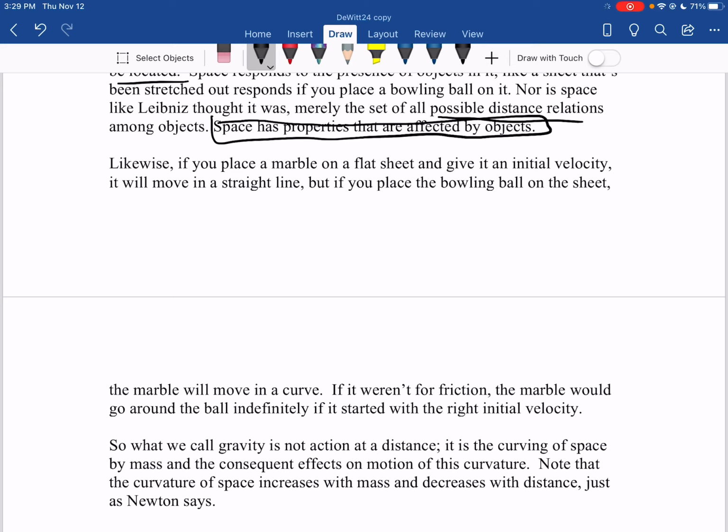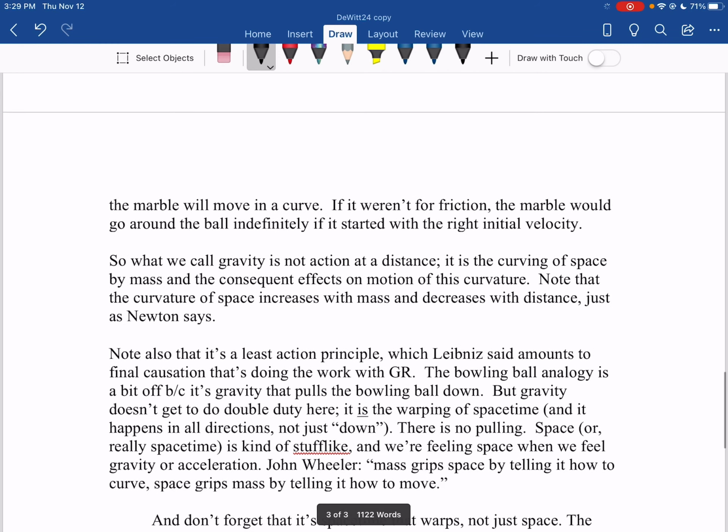If it weren't for friction, the marble would go around the ball indefinitely with a certain range of starting velocities. That's how motion works. Basically, the way to think of it is everything is moving in a straight line, but in the presence of massive objects, straight lines in that kind of space are a curve.